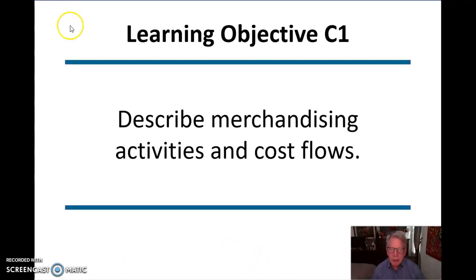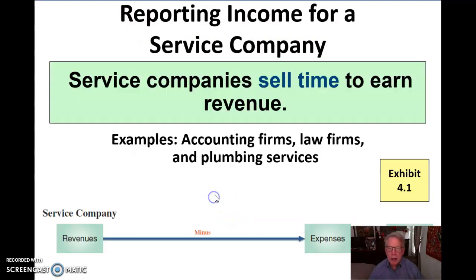Okay, in our first learning objective, we're going to take a look at those merchandising activities and cost flows. And here, our service companies, the big distinguishing difference is that we don't have any inventories. If you deal with a law firm or even plumbing services, accounting firms, those kinds of businesses, they sell their services. They don't sell products.